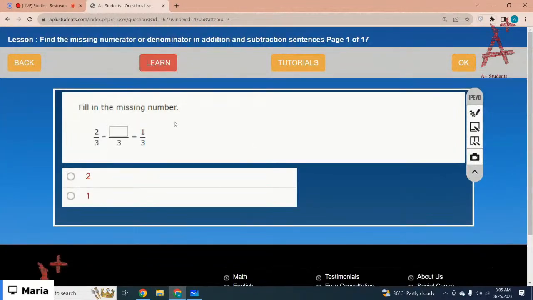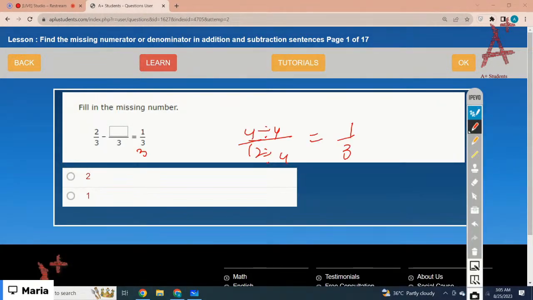Okay, fill in the missing number. Just look at the denominators. On both sides, the denominator must be the same. They are 3, right? That means 2 take away which number equals 1? 2 take away 1 is 1, right?